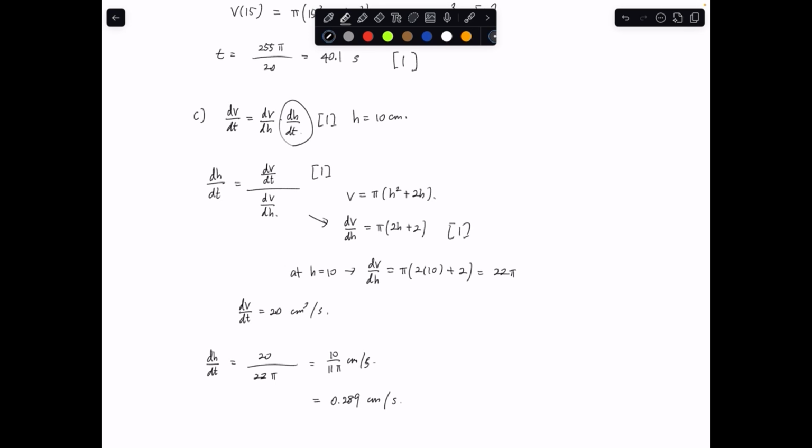And then you're going to get 1 point for substituting in h equals 10. And then you're going to get 1 point for correctly expressing everything with numerical values, and then you get 2 points for the final answer. So a total of 7 points.